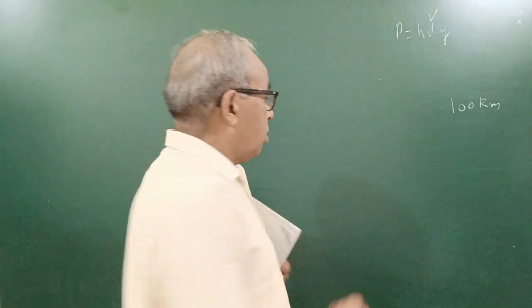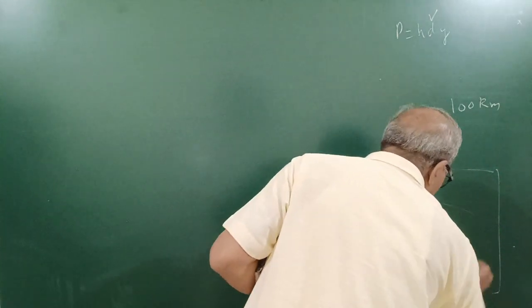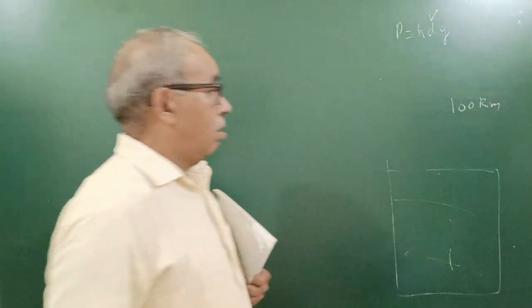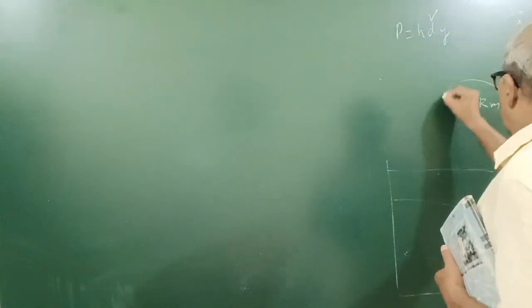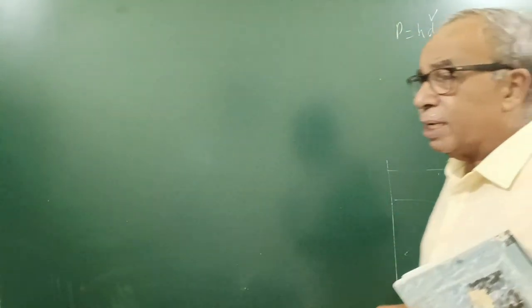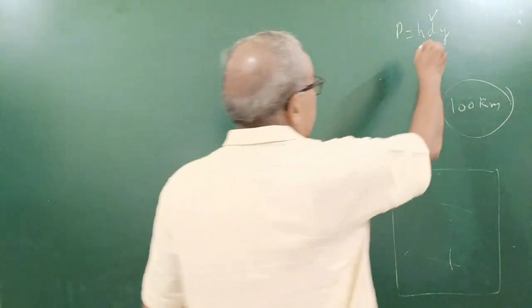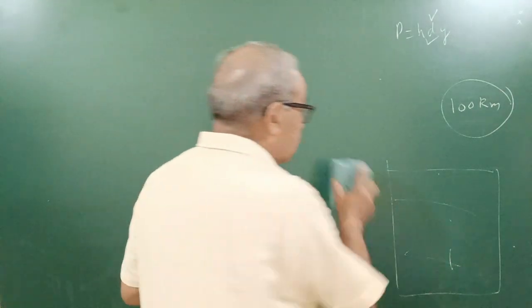So the atmosphere here is filled with gas, so below here it will be more and above it will be less. Atmosphere density keeps on decreasing nearly up to 100 kilometers. After that, the variation in density does not take place, but g will keep on decreasing. So the actual height of the atmosphere is not 8 kilometer.